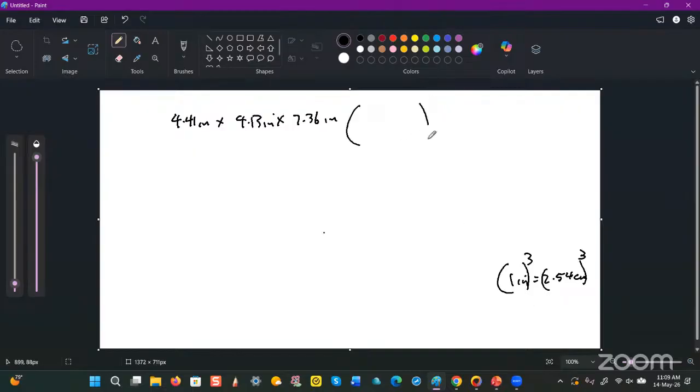So I'd multiply this by 1 inch cubed here and 2.54 centimeters up top, and then cube it, all right? And then we work this out. So 4.41 times 4.13 times 7.36 multiplied by 2.54 cubed.